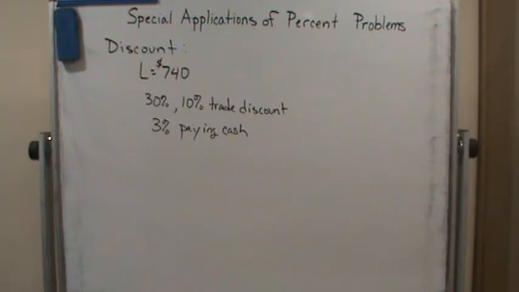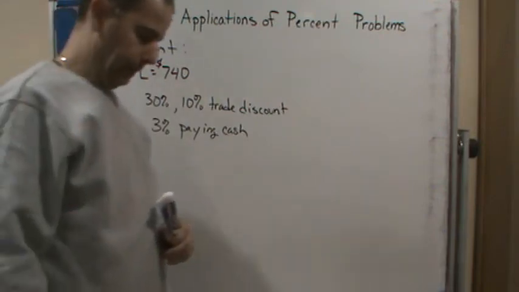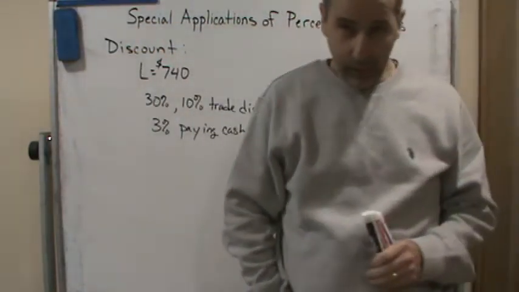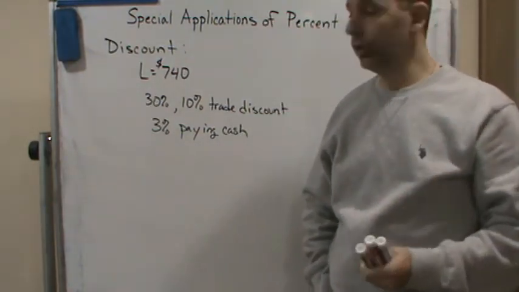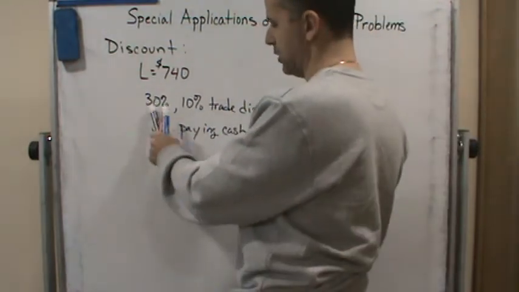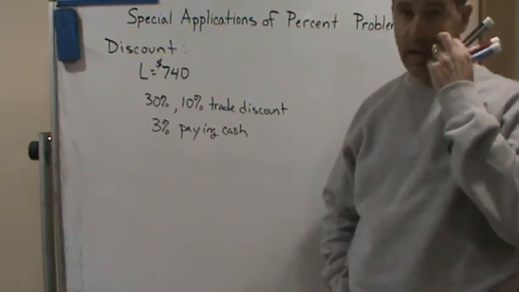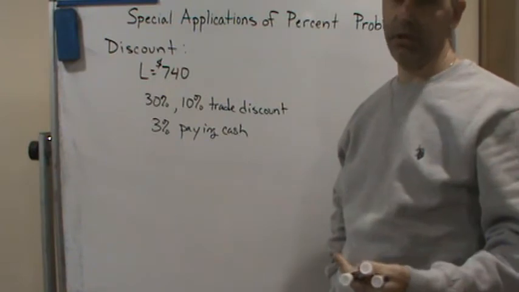You're going to apply these discounts in succession. The order doesn't matter, but you have to do it in succession. So what you cannot do in these cases is add these percentages up and then take that percentage of the list price. That's not what they mean to do here. These are discounts in succession.